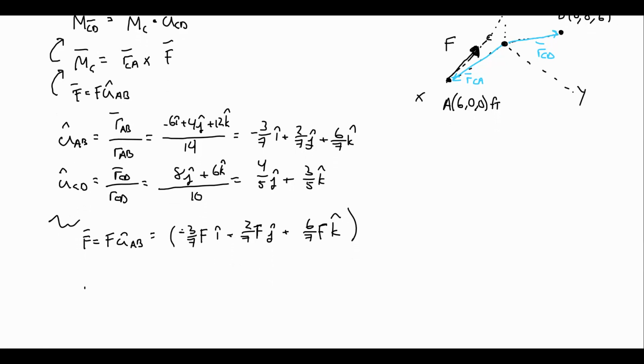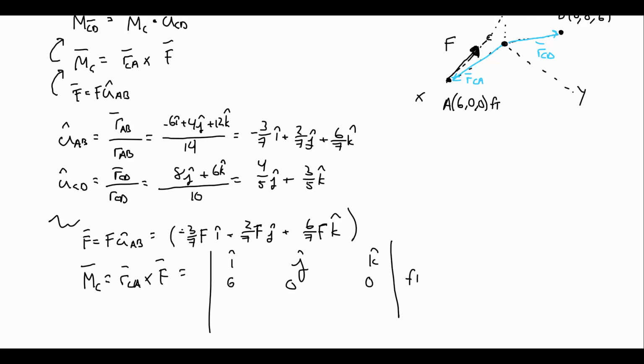So now I can work my way up. I can now find the moment around point C, which is going to be RCA cross F. F bar is the only force vector here, so this is going to be the total moment around point C. All right, so I need RCA, which is going to be A minus C, is 600 feet.